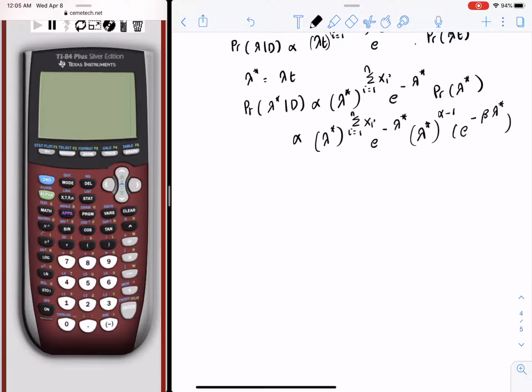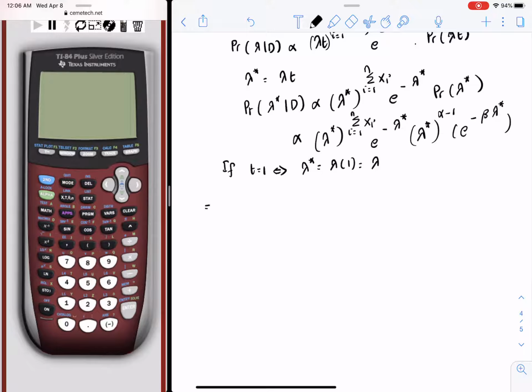So if t is equal to 1, then that would simply mean lambda star is equal to lambda. So per unit time, lambda star would simply be equal to lambda. In other words, per day, per month, if the rate is per unit measurement, then we could simply replace lambda star by lambda because it is simply lambda times 1, which is lambda.